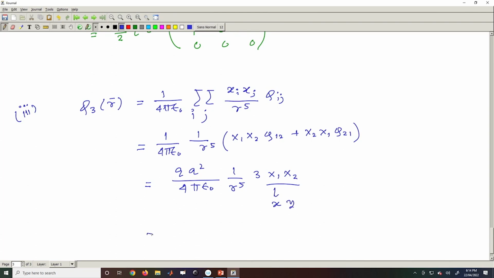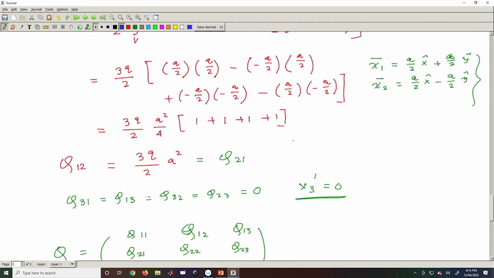In terms of x and y, it should be q a square divided by 4 pi epsilon 0 r to the power 5 and then 3 x y. Another 2 term should be here because it is 3 by 2, so I should put a 2 here and another 2 here. So, this should be the potential due to this structure.